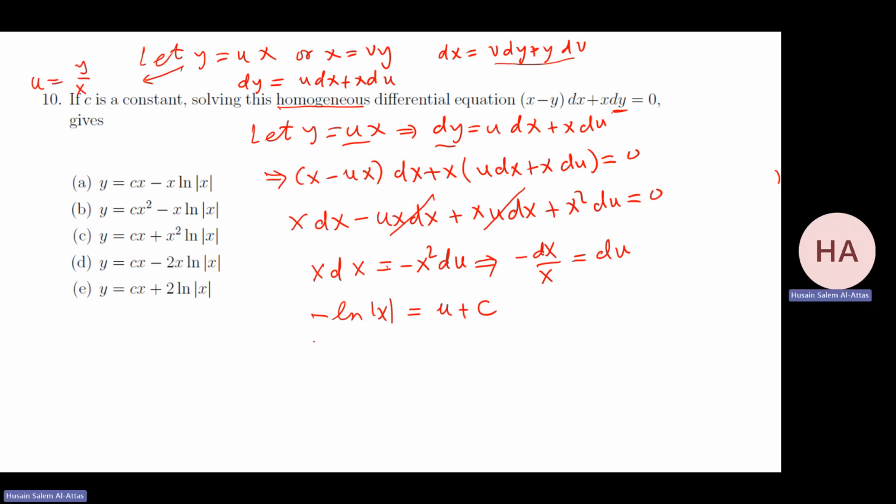Plug it here because I need to write everything in terms of y and x. So I have minus ln absolute value of x equals y over x plus c. Multiply by x, and you get minus x ln absolute value of x equals y plus cx.